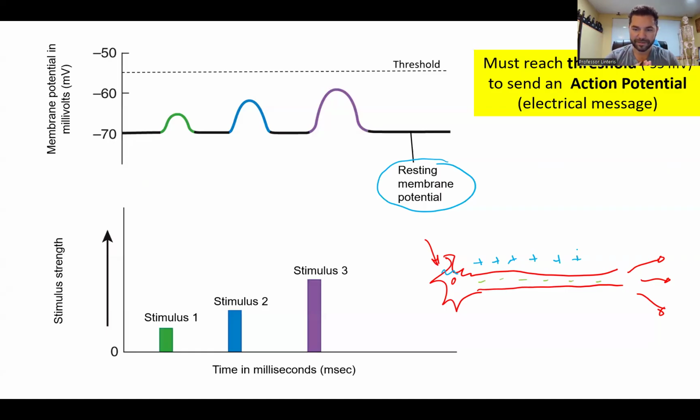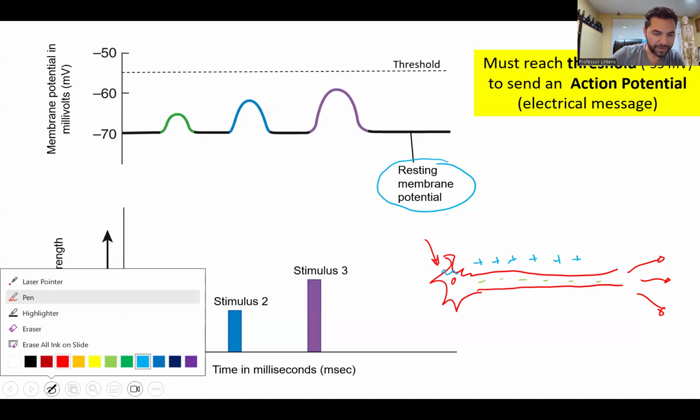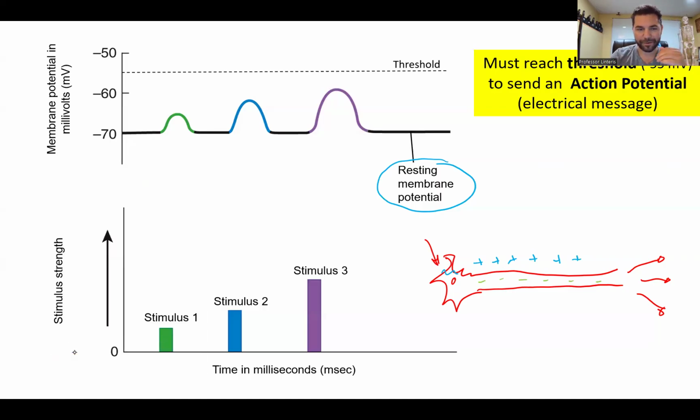The significance of that is when you look at this chart. What is this showing you? This is showing you the charge of the neuron, and this is showing you time. The key thing here is that black line. This is the neuron's resting membrane potential. This is when it's not doing anything and it's just chilling and not sending a message.